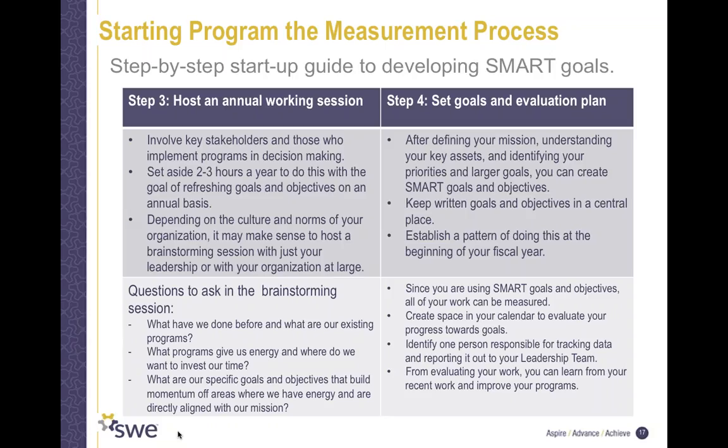If you do this on a quarterly basis, it may be helpful to have one person responsible for tracking data and reporting it to your leadership team. Ultimately, from evaluating your work, you can learn from your recent endeavors and improve upon your programs.